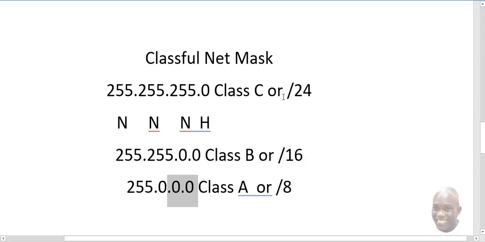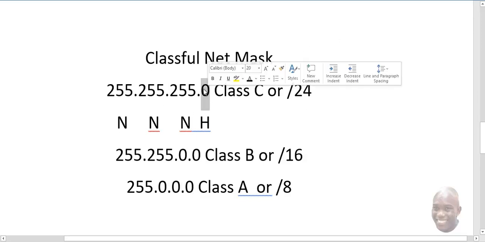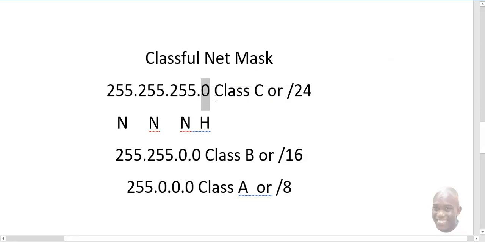So class C basically is a /24, which is classful. We have identified a classful net mask where we have the entire octet here, which is 256 basically when you add up all the place values. So we use /24 and we use the entire network, and we draw a circle to help understand the whole concept of subnetting and when you're moving bits and so on.